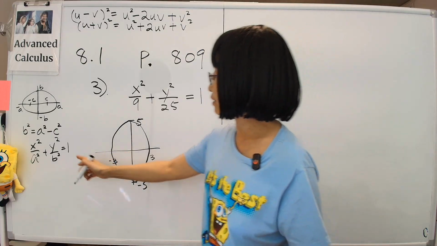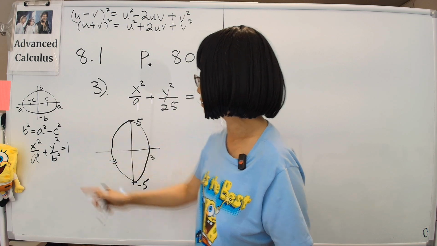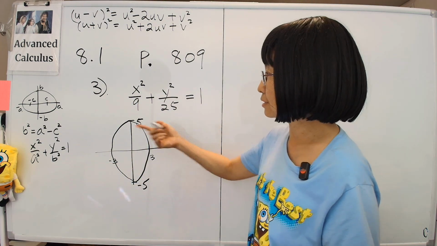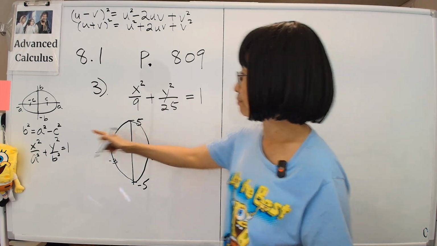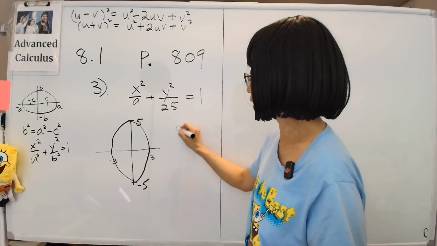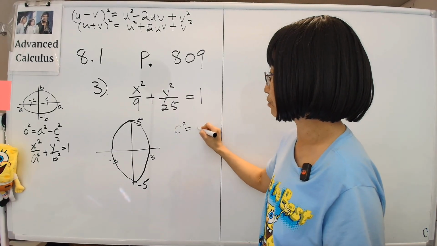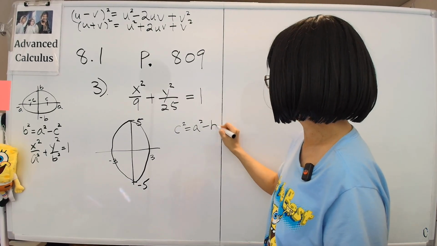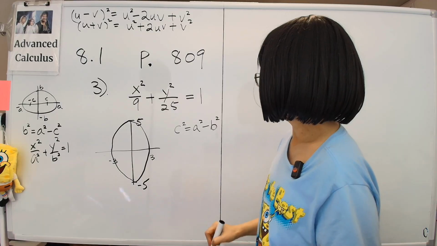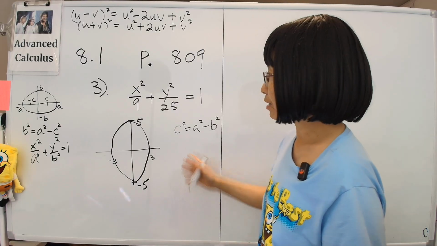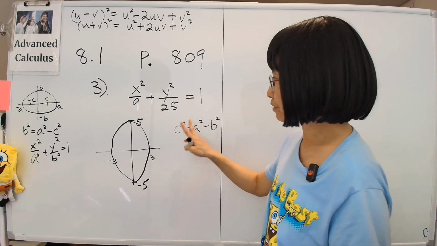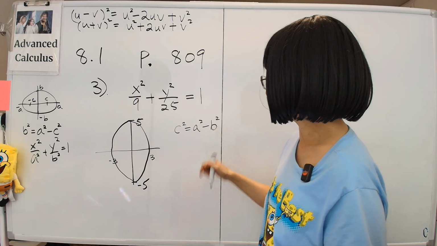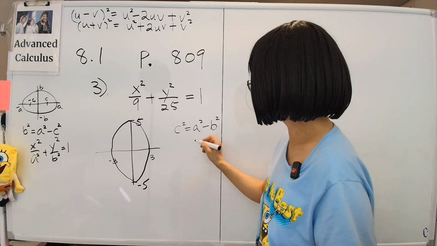The next thing we need to know is what c is. From this formula, we can write c squared equals a squared minus b squared. In this case, however, we have to flip it around because b is bigger, just whichever one's bigger.